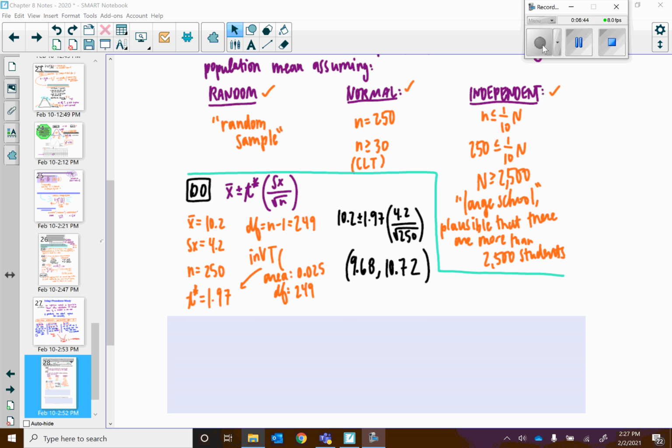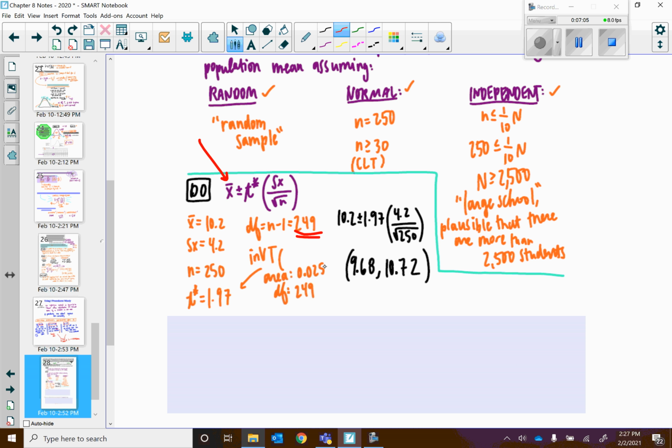Now to the do. So our one sample t interval is right here. x bar plus or minus t star times the standard deviation of our sample divided by the square root of n. Our degrees of freedom is n minus 1, or 249, because I need my inverse t, my t critical value.